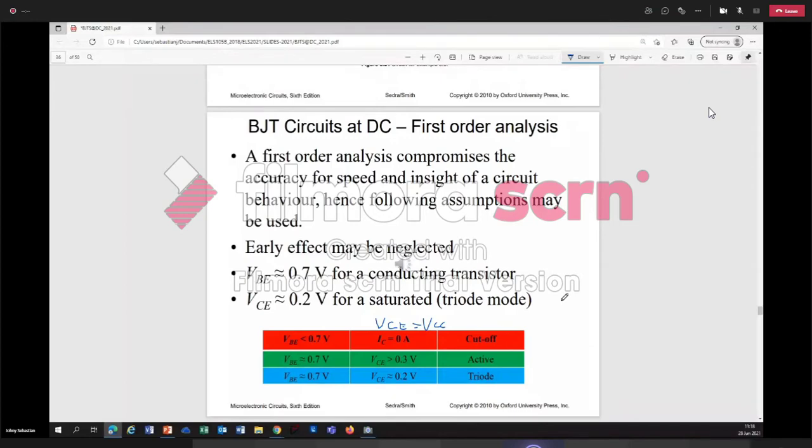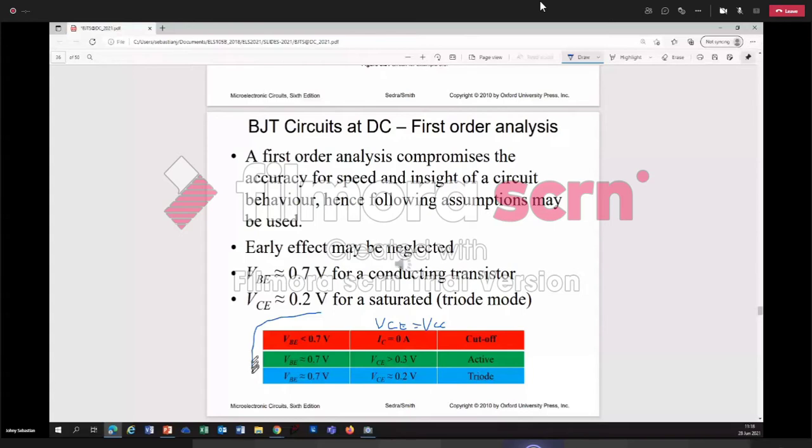VBE approximately 0.7 and VCE greater than 0.3, it is the active region, and VBE approximately 0.7 and VCE is 0.2, that is saturation mode. Now, I want you to have a look at this column, VBE.